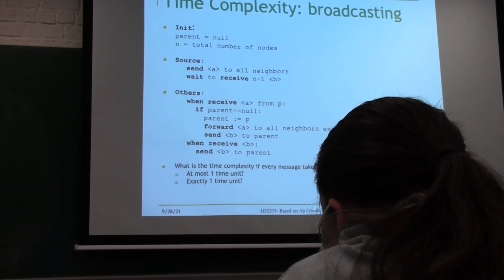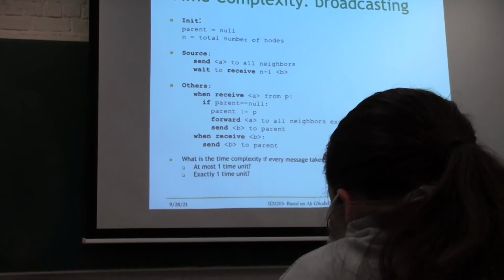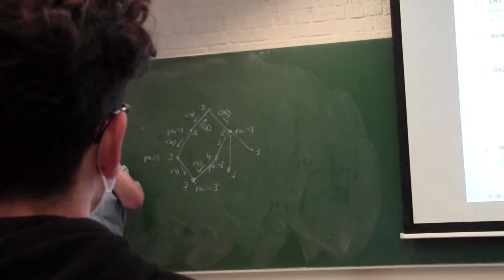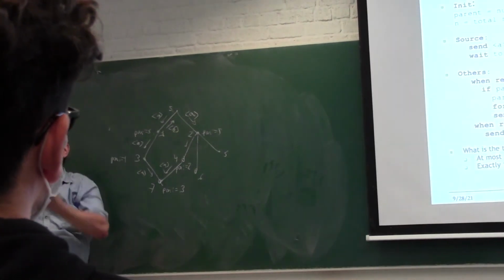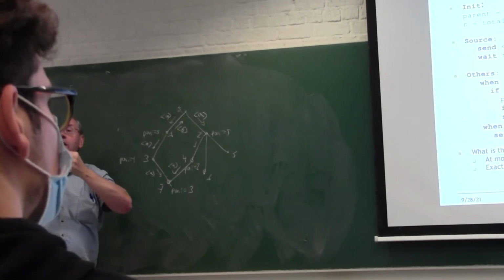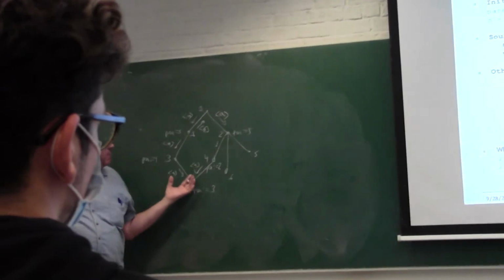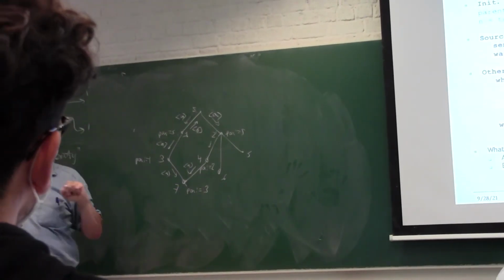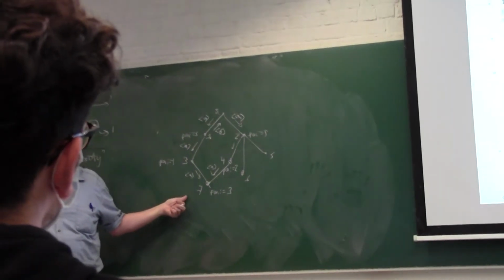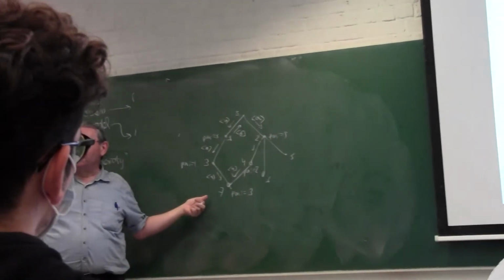Basically, you start from the source, the A's go down, and each node will receive A's, and the first A determines the parent. And then there will be B's coming back up, and they will flow up along the parent connections. You see how it works? You're clear on how it works?